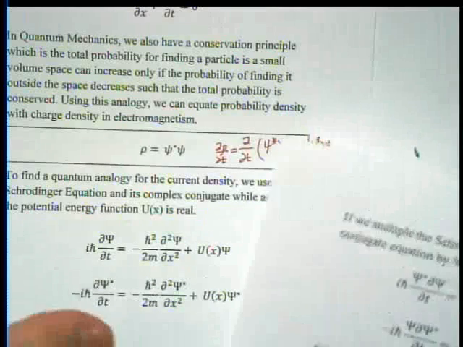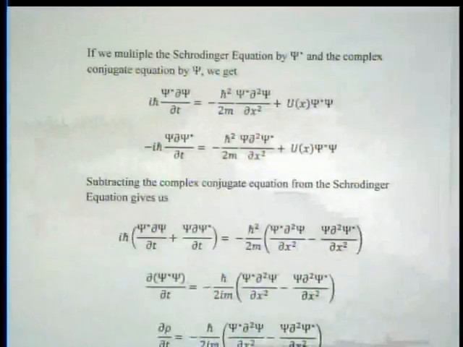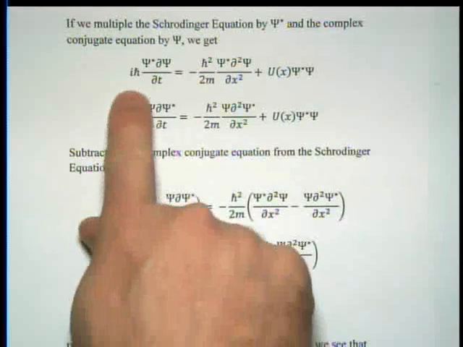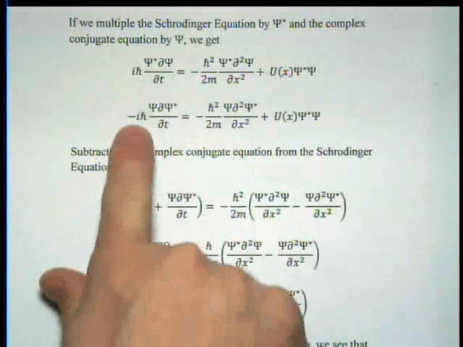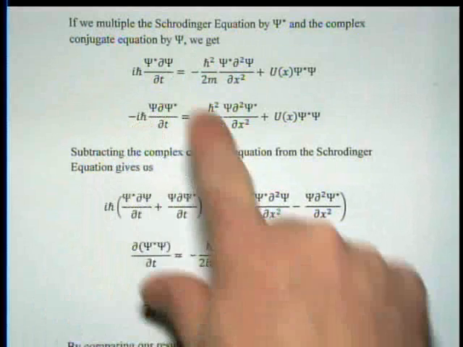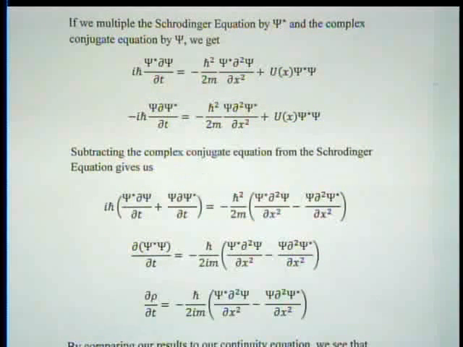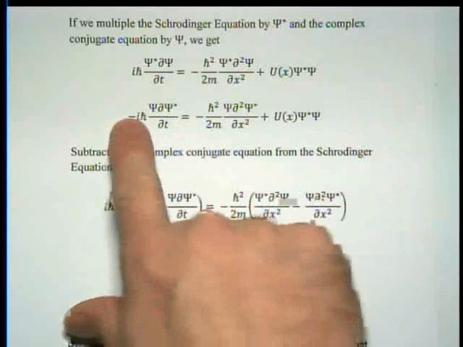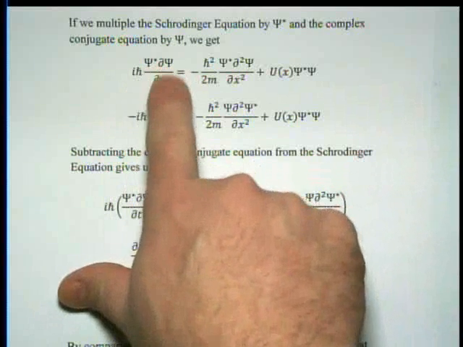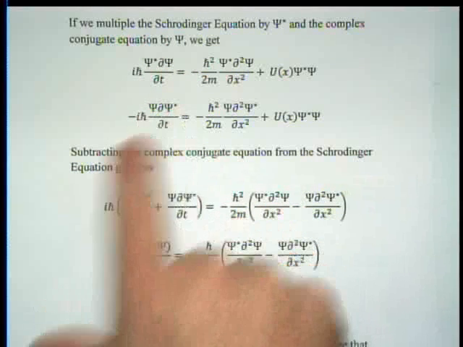And so that's what I did, and hopefully you went through those steps. There was the i h bar, and I multiplied by psi star. There was the minus i h bar, I multiplied by psi, that's the bottom. I said, hey, that's almost what I need. If I leave the minus here and subtract, that'd be psi star d psi dt plus psi d psi star dt.